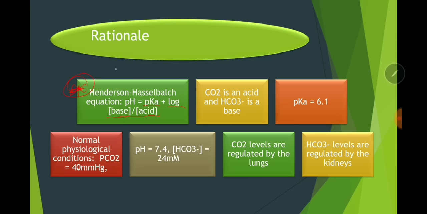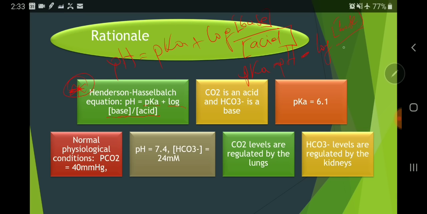So play around with this equation. Make sure that you know the equation when they are calculating for pH: pH equals the pKa plus log of the concentration of the base over the concentration of the acid. And when you memorize the formula for pH, don't just memorize it for the pH, also memorize it for the pKa. So pKa equals pH minus, now it's a minus, it's not a plus, log of the concentration of the base over acid.